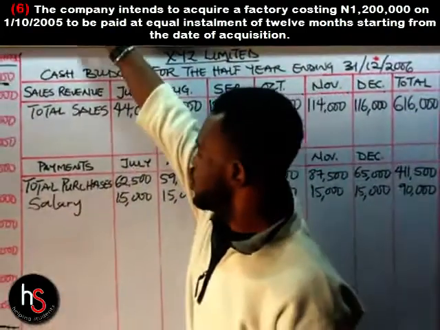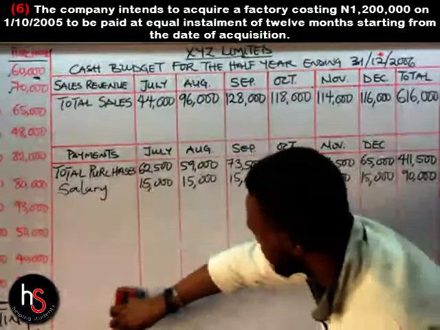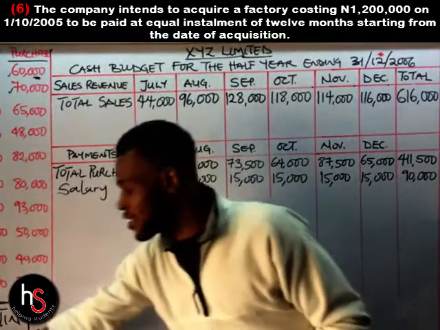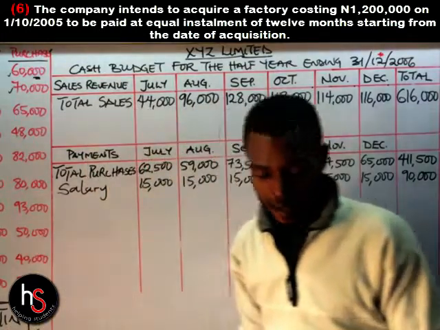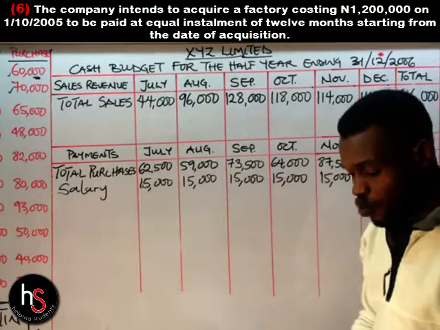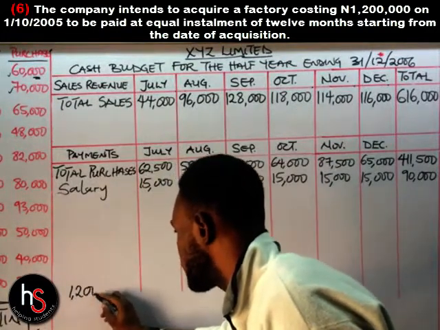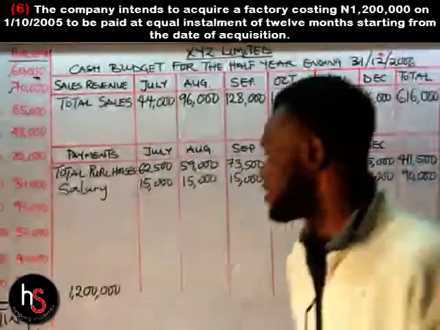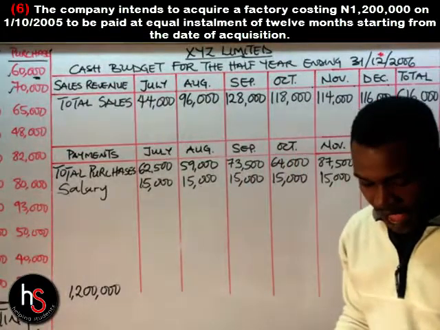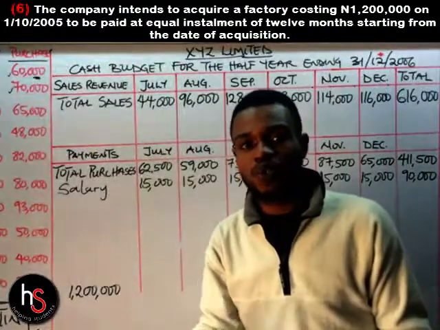So, what we're going to do is this. To treat this question, it says that the company wants to acquire a factory worth 1.2 million. And we were told that they are going to make equal installments of 12 months.